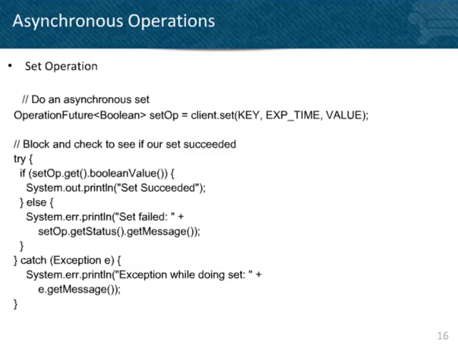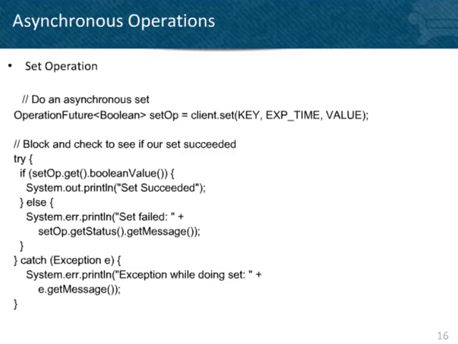So between the part where you set the value and where you check for the return value, you can go ahead and do some operation which is asynchronous in nature. I look at the value, and depending on whether I get a true or a false, I say whether my set succeeded or failed, and so on.